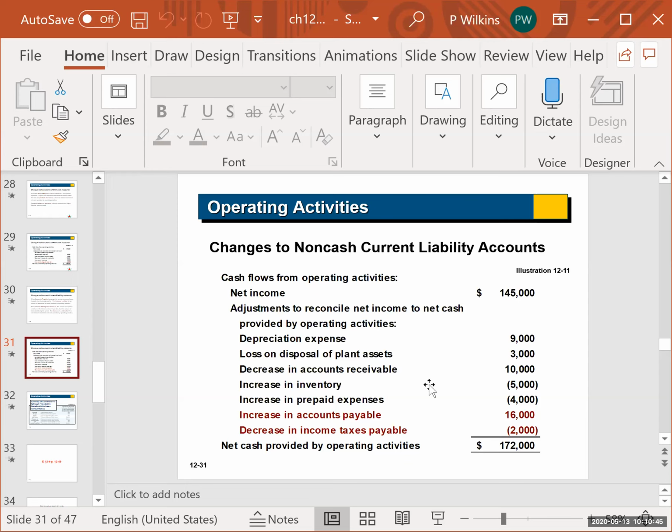In the example problem, they're adding for depreciation expense, adding for a loss, adding for a decrease in accounts receivable, subtracting for an increase in inventory, subtracting for an increase in prepaid, adding for an increase in accounts payable, subtracting for a decrease in taxes payable, and then cash from operating activities, okay?